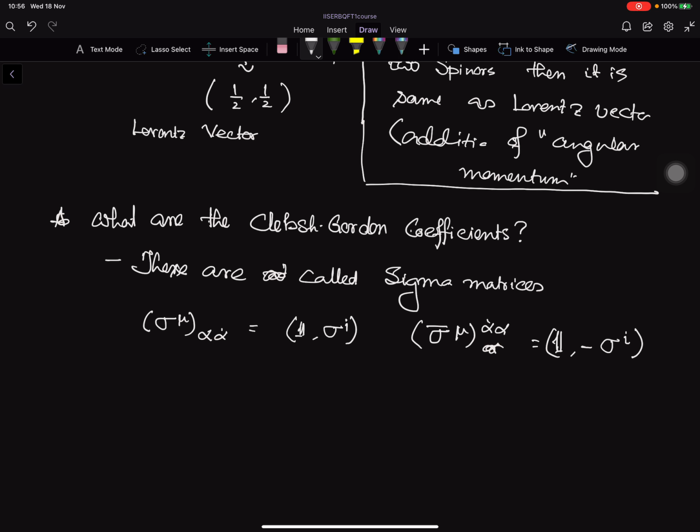And then we can see that if I take lambda_1^alpha sigma^mu_{alpha alpha dot} lambda tilde_2^{alpha dot}, this thing is a Lorentz vector. Let's call it V^mu.